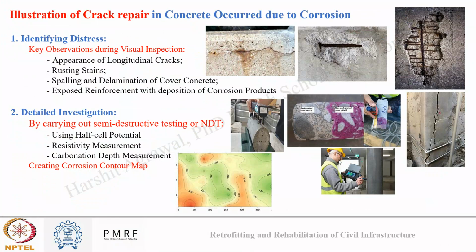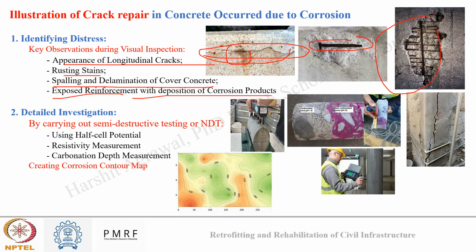When I'm talking about corrosion damage, the key observations that I can draw from visual inspection would be the appearance of longitudinal cracks, or some rust stains may be visible. There may be spalling or delamination of concrete cover that you can spot, or if the damage is very severe, you may even see that the reinforcement has been exposed with deposition of corrosion product, and its area has also been affected.